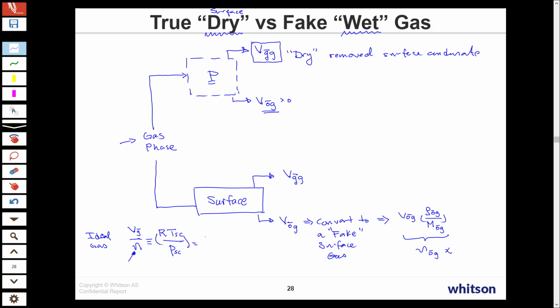And if you're using field units, that's about 379 standard cubic feet per pound mole. If you're using metric, it's about 23.6 standard cubic meters per kilogram mole. Okay? So we're just going to multiply it by this constant, whichever you want to use, to get your fake equivalent standard condition gas volume. So what we're going to do is add these two together.